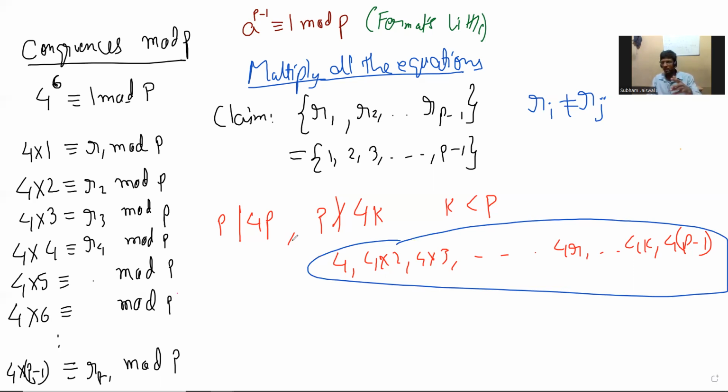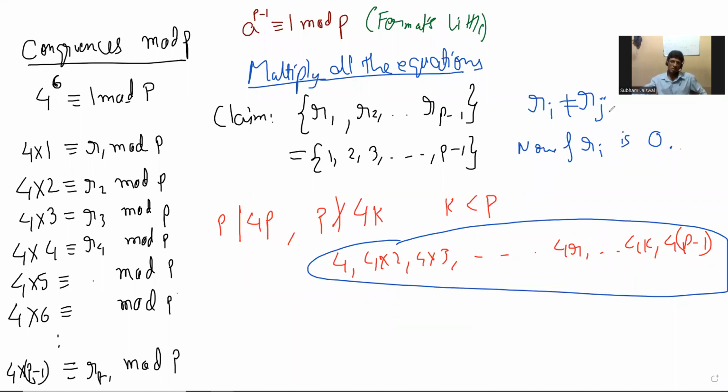It's clear that P doesn't divide any of these, that none of these are 0. What Nagesh has said directly implies that none of the Ri are 0.